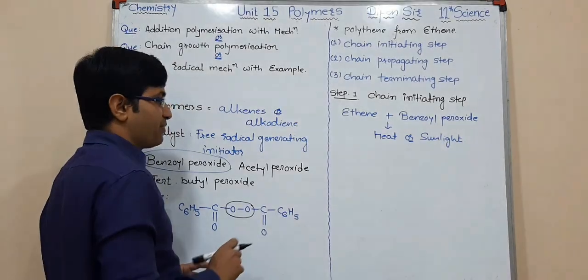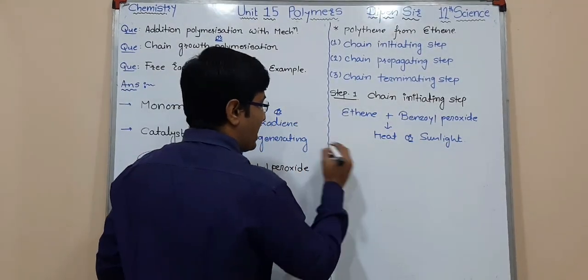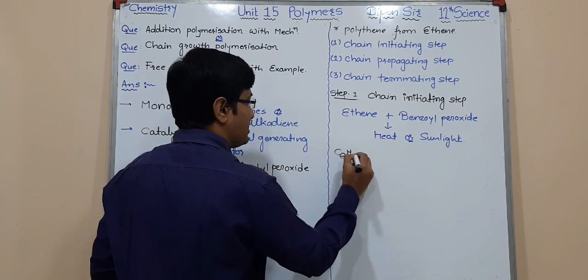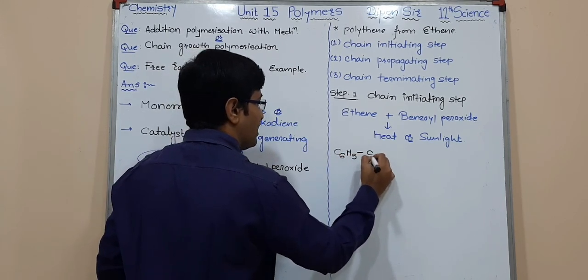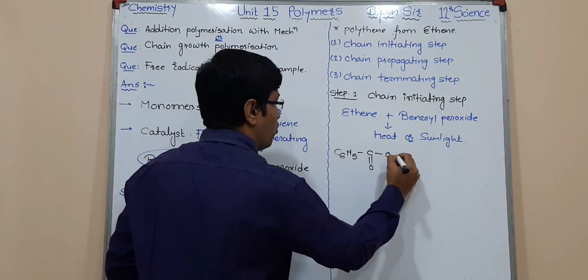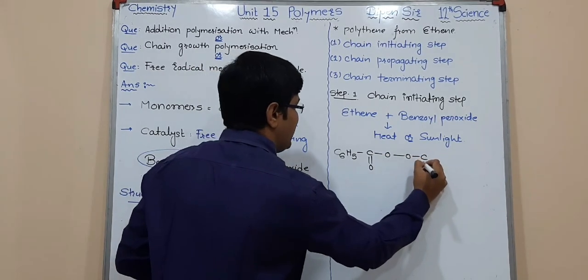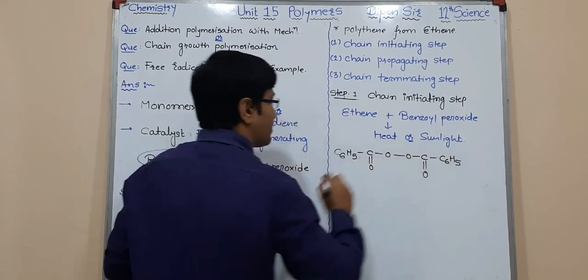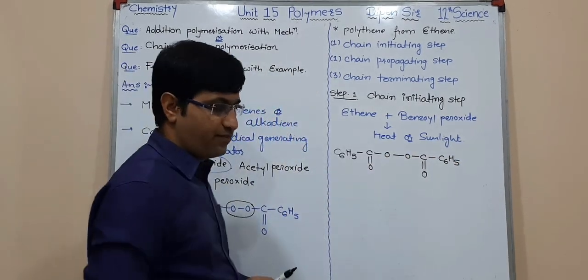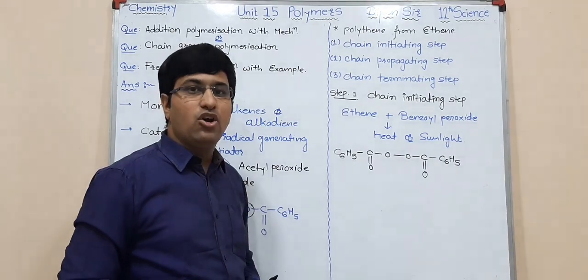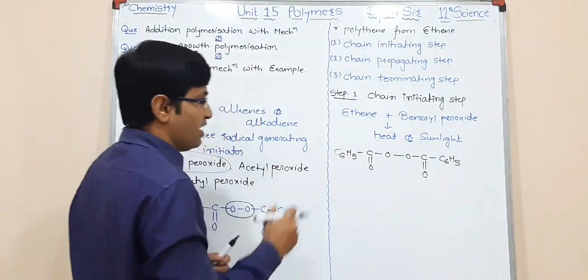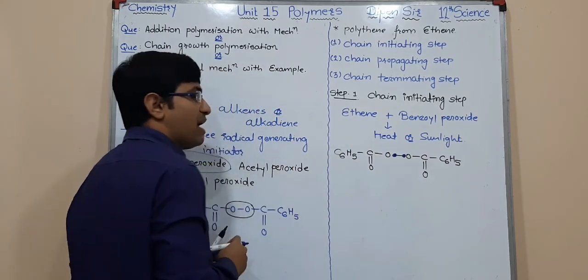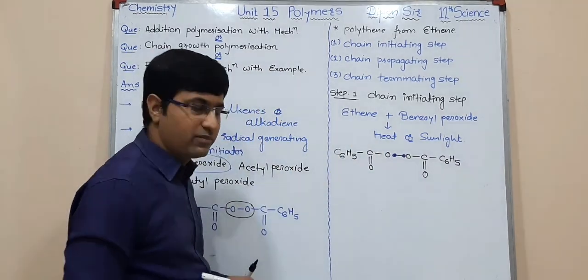In this step, first of all, our catalyst, benzoyl peroxide, C6H5, C double bond O, O, O, C double bond O, C6H5, is going to cleave by homolytic cleavage. Here both oxygens are connected by a pair of electrons.